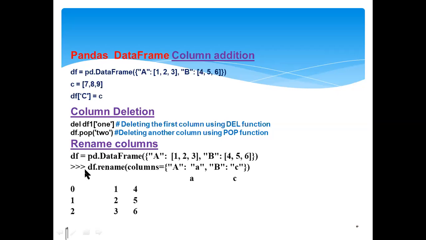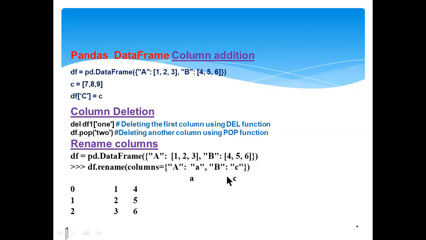You can do these lines in the Python prompt also. Before using this in Python interactive mode, the Python prompt, you first need to import pandas. So df.rename(columns={'A': 'a', 'B': 'c'}): instead of capital A it will be renamed as small a, and instead of b it will be renamed as small c.